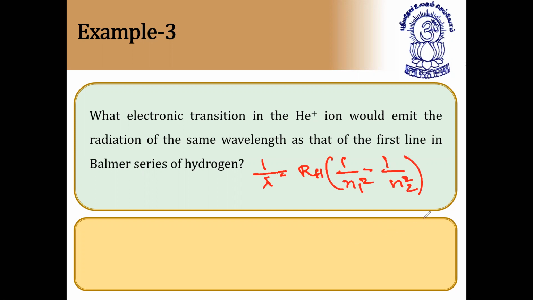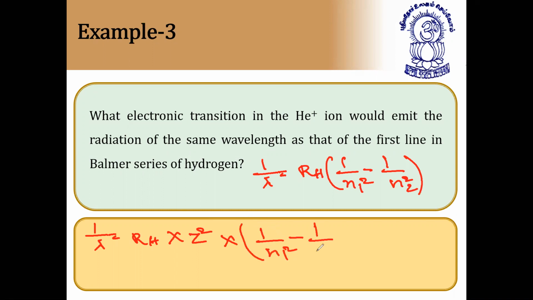For hydrogen-like species, 1 by lambda is equal to RH into Z square into bracket 1 by n1 square minus 1 by n2 square.